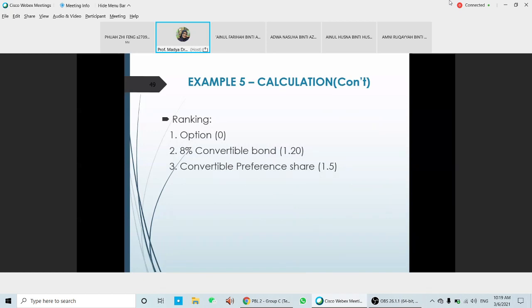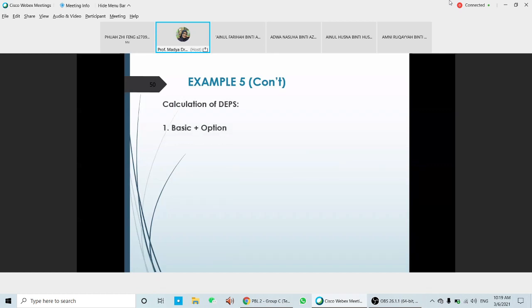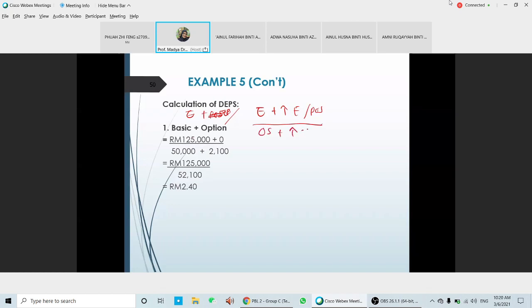So from the ranking, we're going to calculate the diluted earnings per share. The first one is the basic plus options. Basic here is 125 for the earnings, plus the increase in earnings for each of the potential ordinary shares, and then divided by the outstanding shares plus the increase in outstanding shares for each.